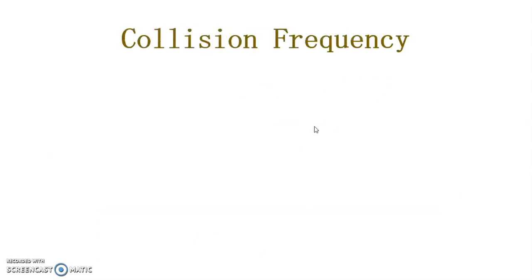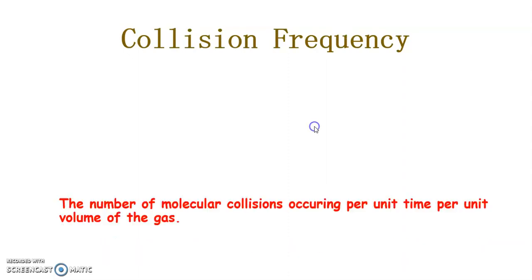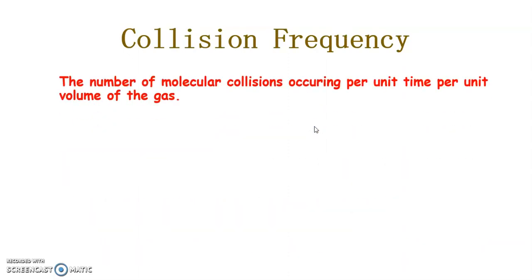Next term is the collision frequency. It is by definition the number of molecular collisions occurring between molecules per unit time per unit volume of the gas. If you understand the equation for collision number, we can easily get an equation for collision frequency also.